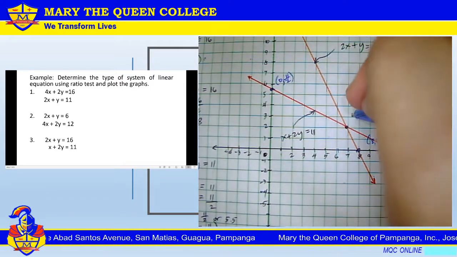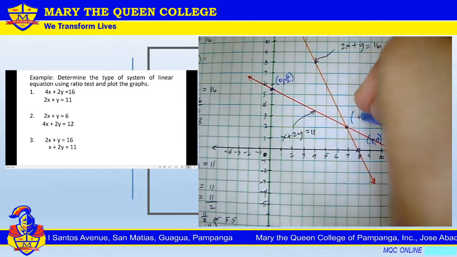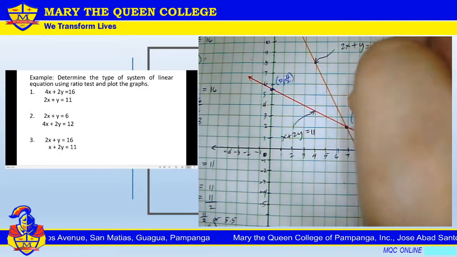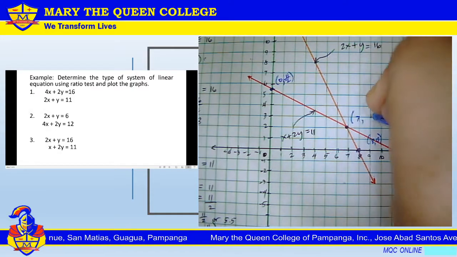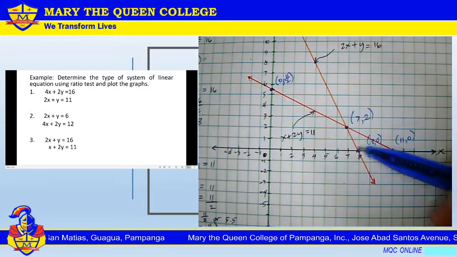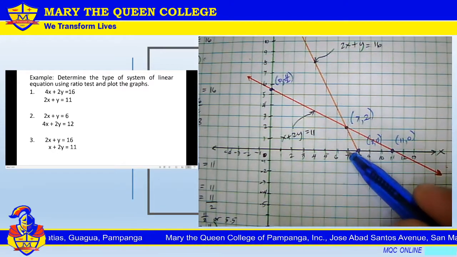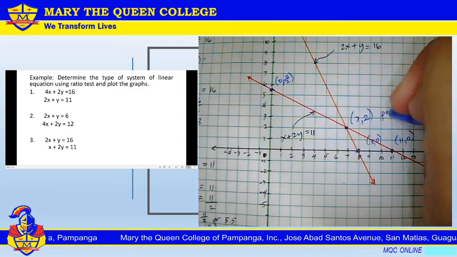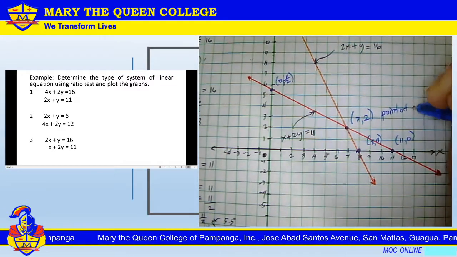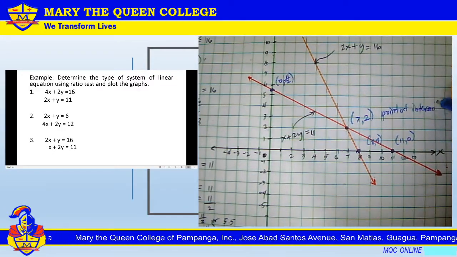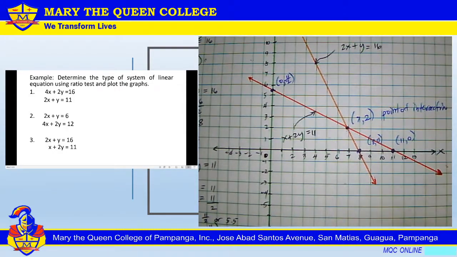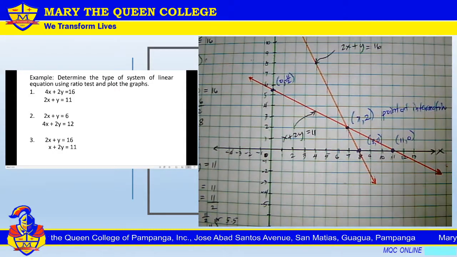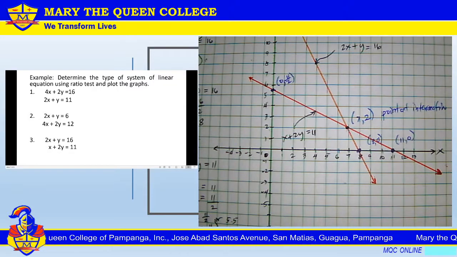So visually, the point of intersection of these two equations is (7, 2). Why? x is 7, then y is 2. So this is now the point of intersection. Okay? So that's how simply we can determine if the system is a consistent system.